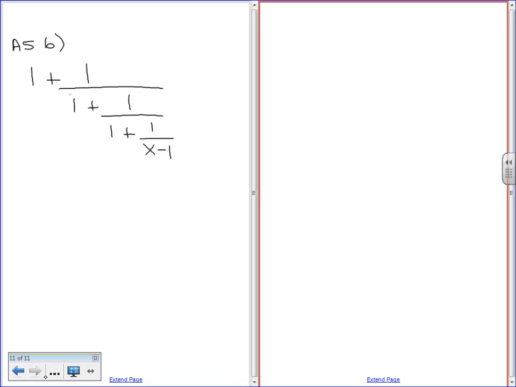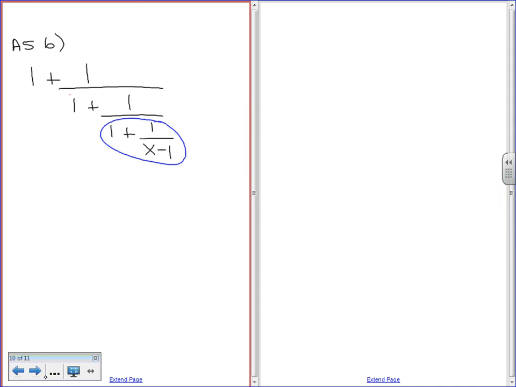Okay? So this is really something called a composite function. It's a function inside of a function inside another function. You always want to start from the inside and work your way out. So what I'm going to do is I'm going to simplify this part. So to simplify that part, I'm taking a number and adding it to a fraction. To add fractions, I have to find a common denominator.